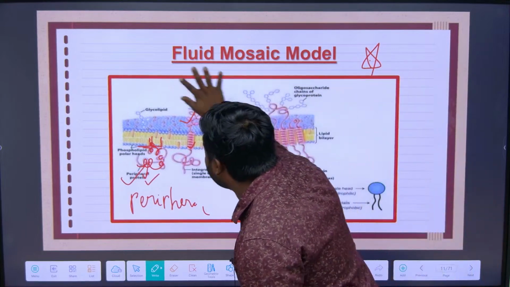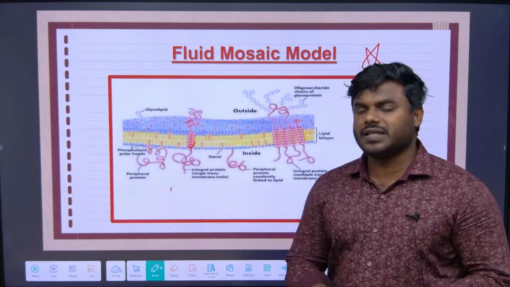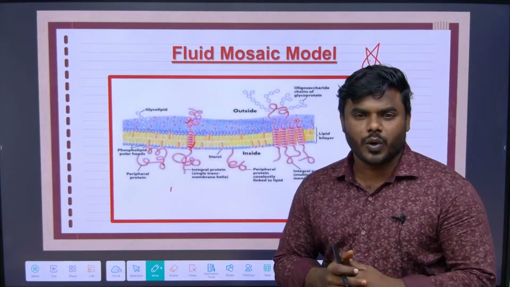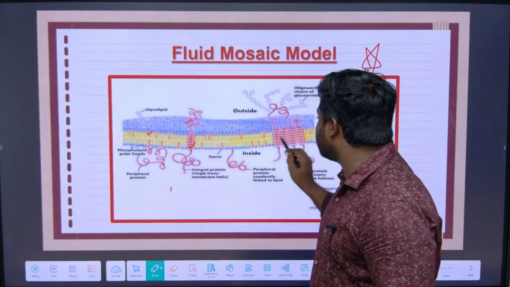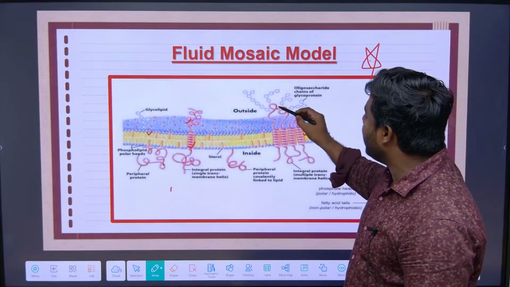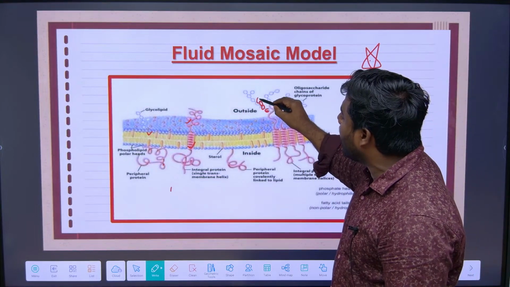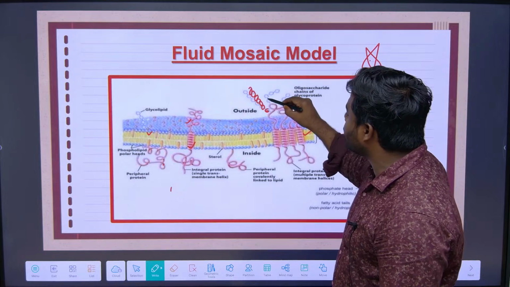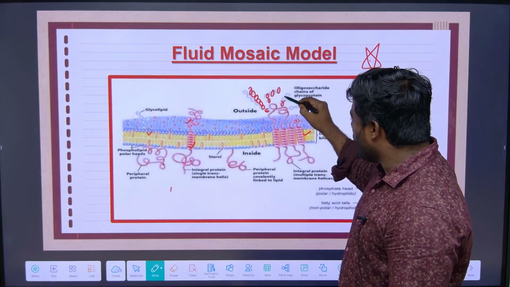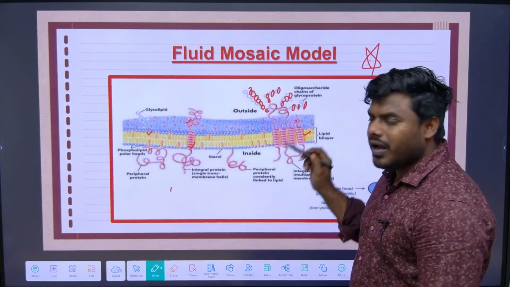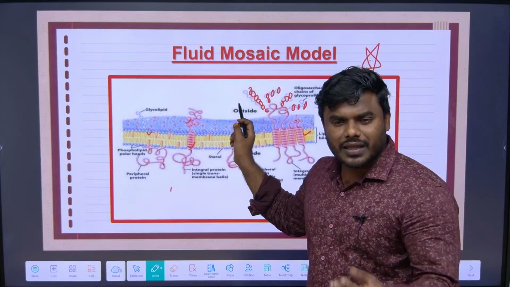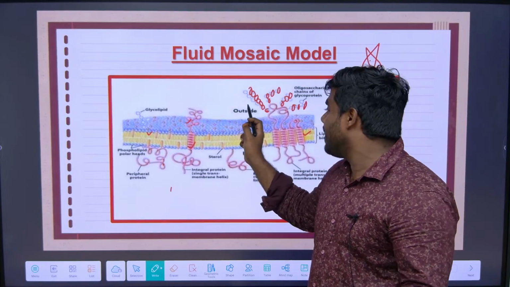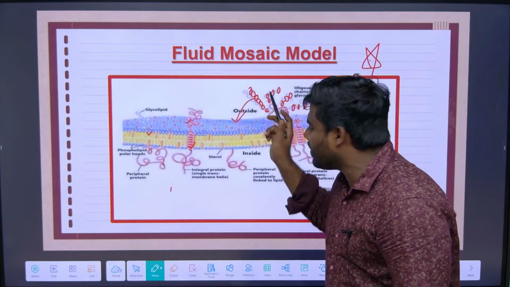Now, what else does the plasma membrane contain apart from the lipids and proteins? Apart from the lipids and proteins, the plasma membrane contains an abundant amount of carbohydrates, which are sugars. You read in the 10th and 11th standard that the sugars present on the plasma membrane are never present directly on the membrane.